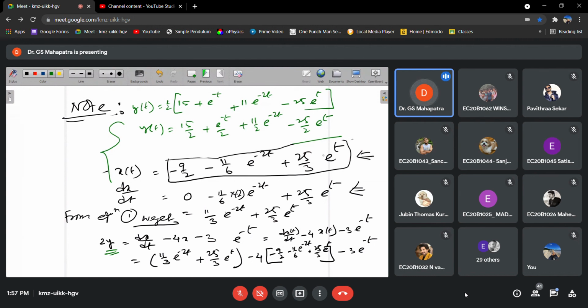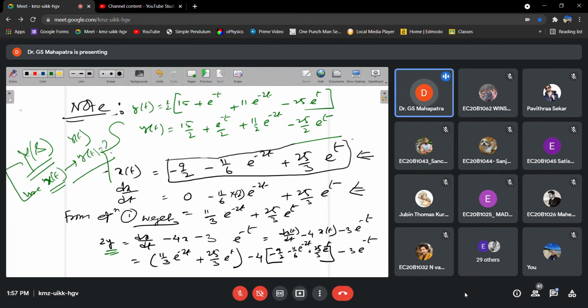For y of t, you can solve for y of s and then find y of t. Otherwise, you use the already evaluated x of t and then find y of t. Any one of these two.